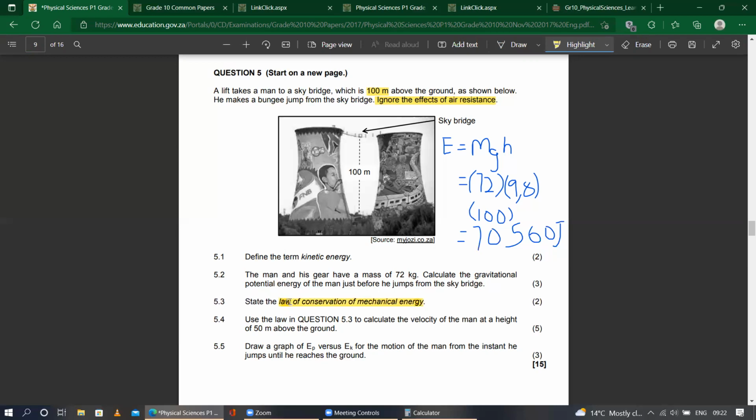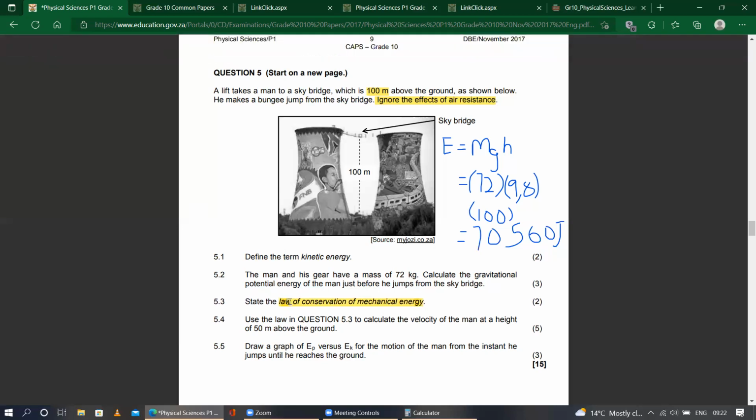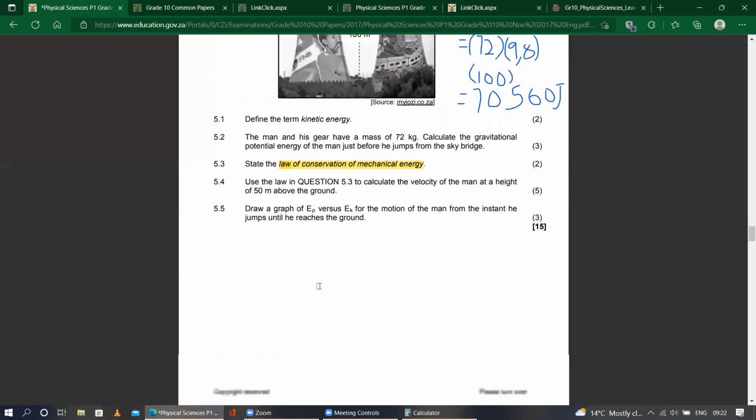You don't need to go through a book, because for every law of conservation, you just know that that particular thing is conserved in an isolated system or closed system. So do you know the equation for conservation of mechanical energy?